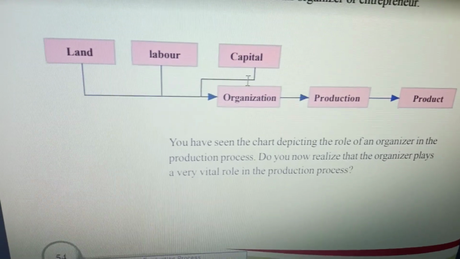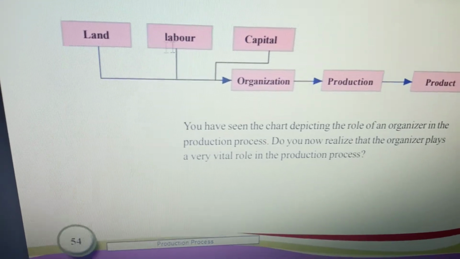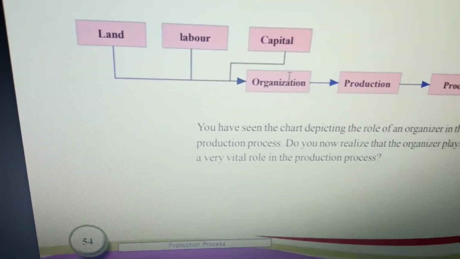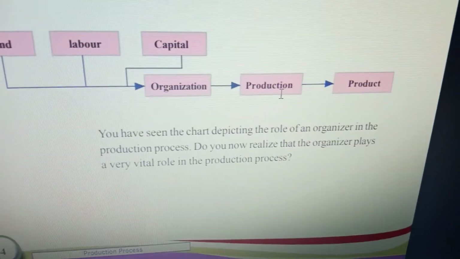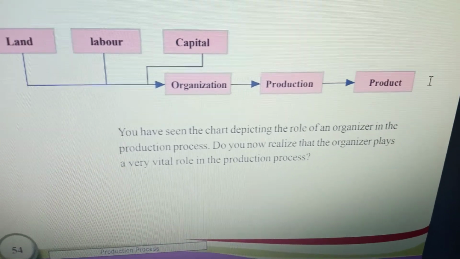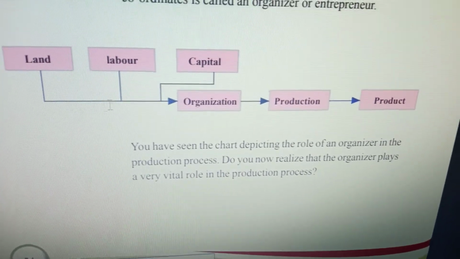Then the coordinated functioning of all these factors of production, that is land, labor, capital and organization, leads to production process. Then the result of production process is product. I hope you had understood it. I am once again repeating.